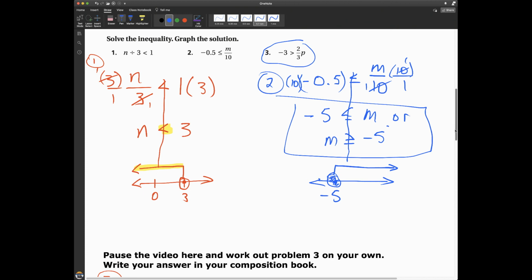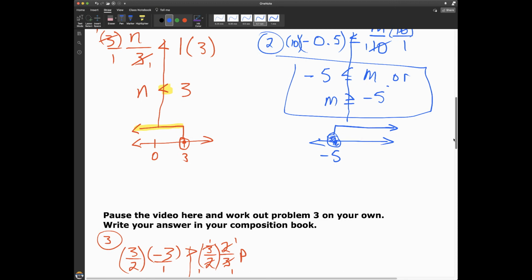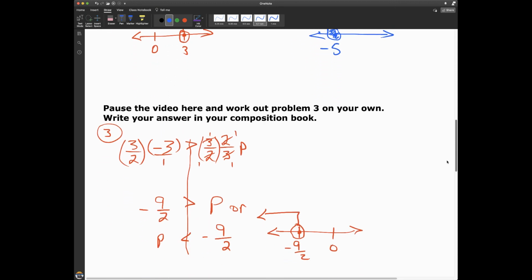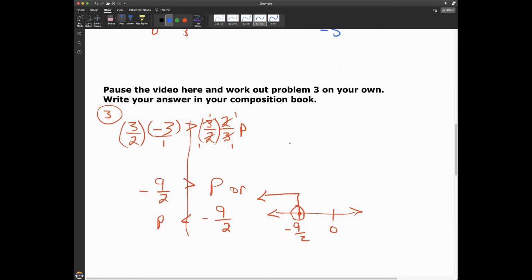All right, so we're back. Let's see what we got. So I worked this one out down here, and what did I do? The problem was -3 is greater than 2/3 p. And I need to get the variable all by itself. So notice the coefficient of the variable is a fraction. So I use something right here. Do you guys remember what that's called? That's right.